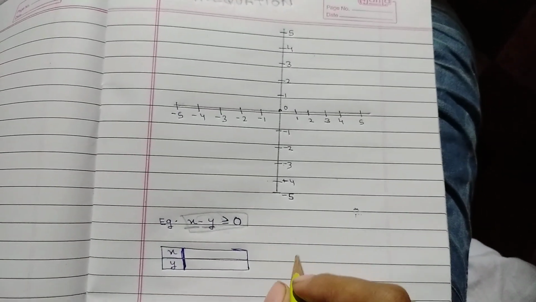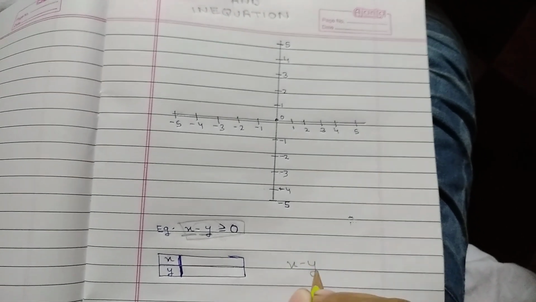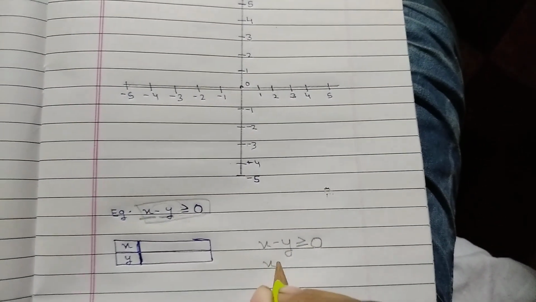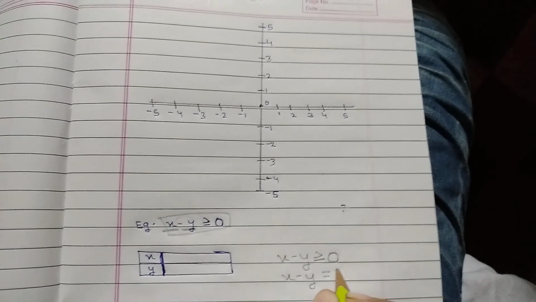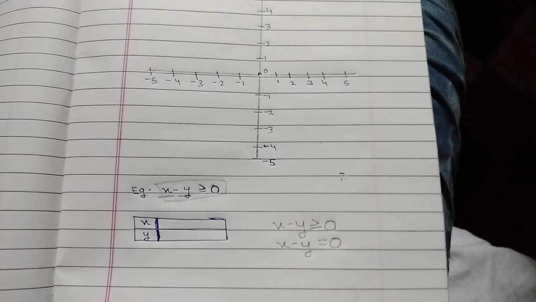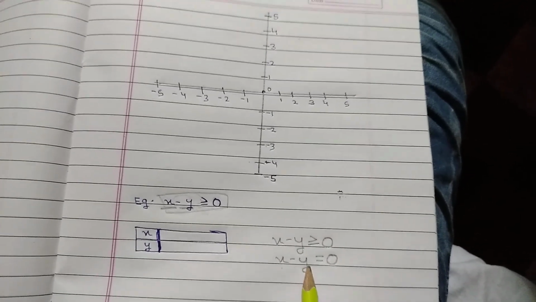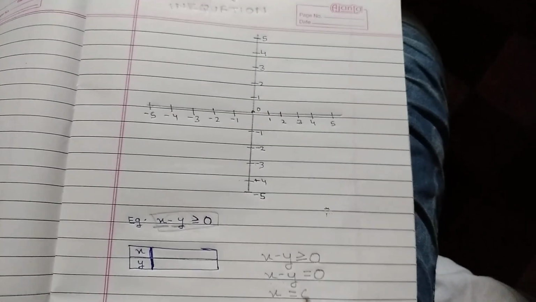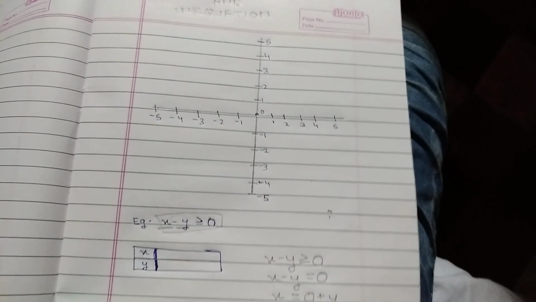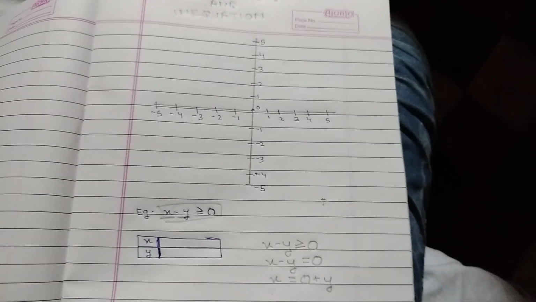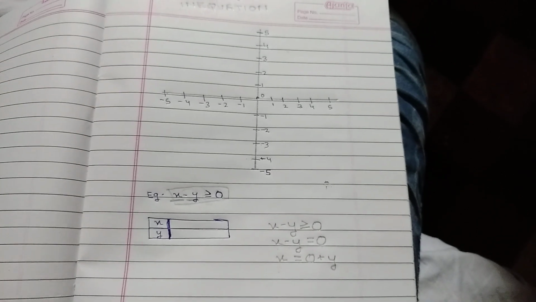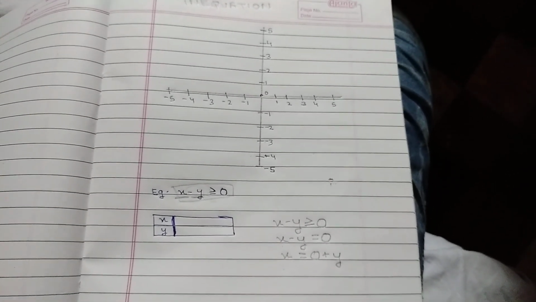So in the example, it's given x minus y is more than or equal to 0. First we will take x minus y is equal to 0 into our consideration. If x minus y equals 0, we can also write it as x equals 0 plus y. And you know that if we add any number to 0, the result is the same number.